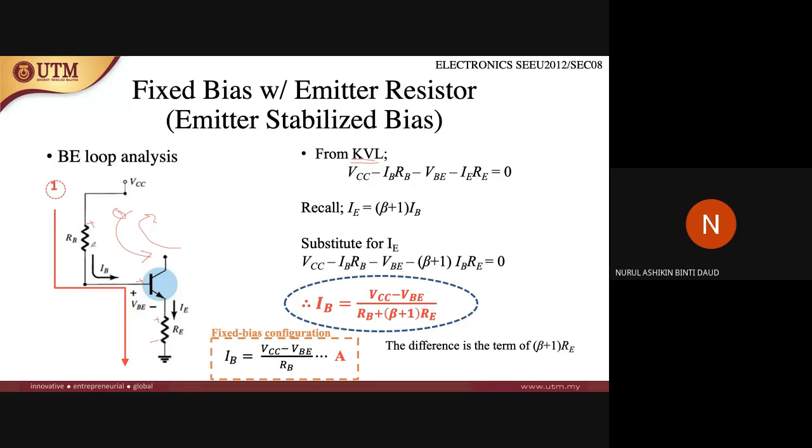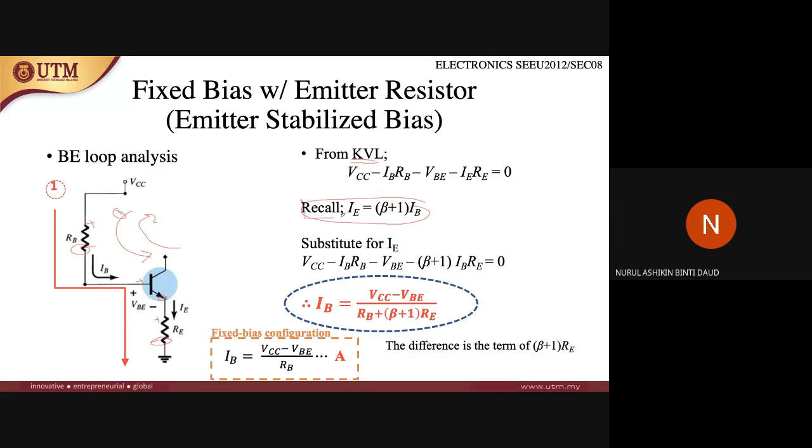So VCC minus the voltage drop at the resistor RB, then the voltage drop at VBE, and then the voltage drop at IERE, the resistor at the emitter part. For this one, we need to know IE equals beta plus 1 times IB. I already mentioned this yesterday: IE equals beta plus 1 IB.